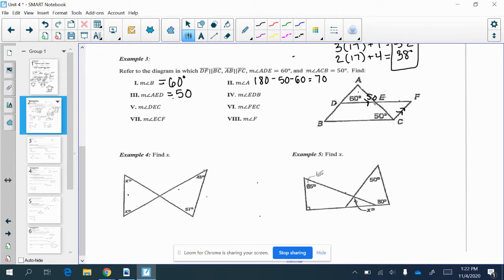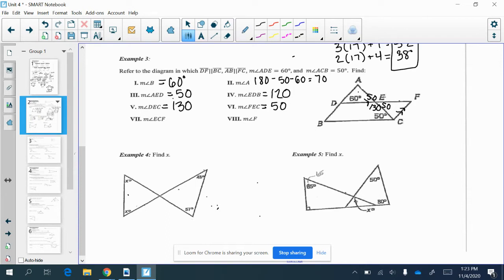Sorry about that. So then this makes a straight line. So 180 minus 50 is going to be 130. So this one is 130. EDB, that's already 60, so 180 minus 60 is 120. Measure of angle FEC, right here, 130, so this is 50, because again these two make a straight line, or you could see vertical angles right there.